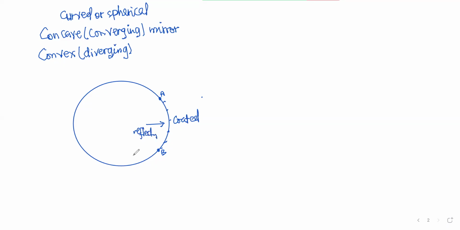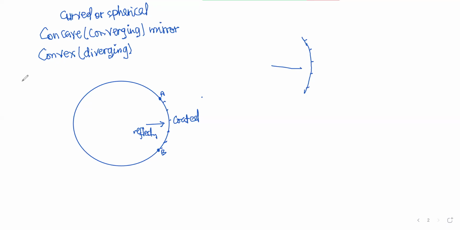By this, I have formed a concave mirror. So a concave mirror is such that the outer part is coated, and then the reflecting surface curves inwardly.